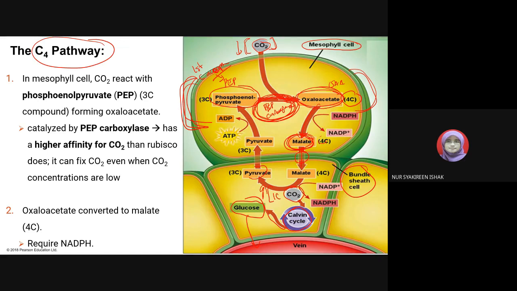The location for the Calvin cycle is in the bundle sheath cell. The location of the first carbon fixation is in the mesophyll cell. Earlier I said carbon fixation occurs twice, right? So the second carbon fixation occurs during the Calvin cycle. First carbon fixation in the mesophyll cell, second carbon fixation in the bundle sheath cell that involves the Calvin cycle itself to produce sugar.